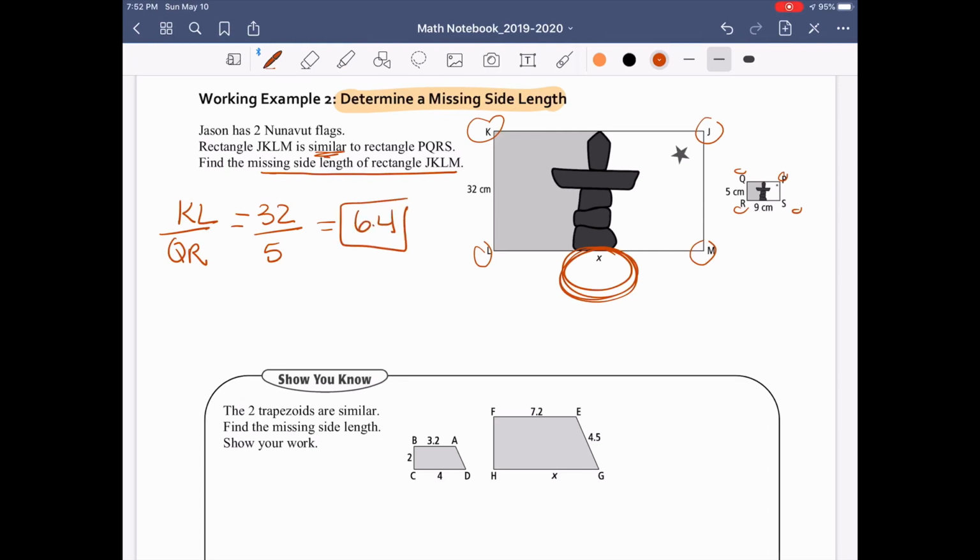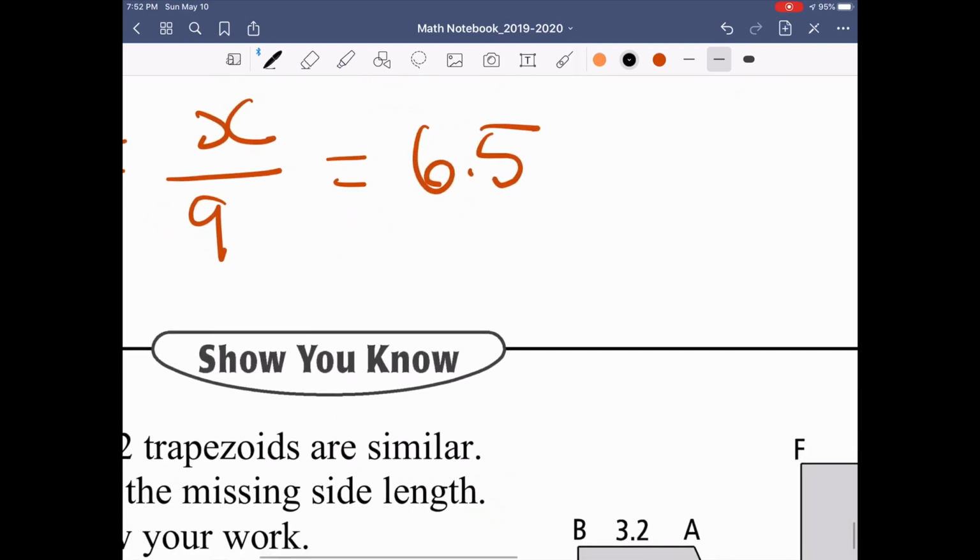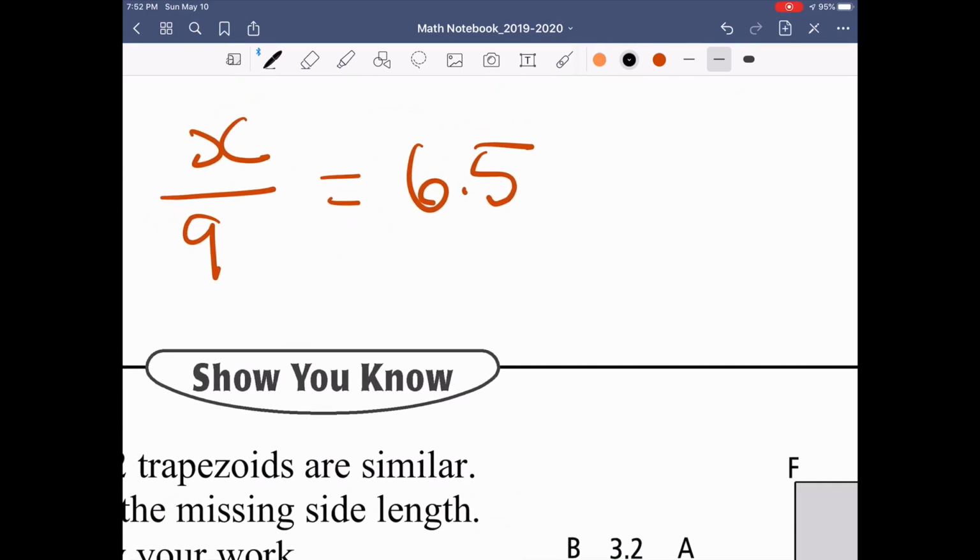Then that means that LM, which is our X, over RS, which is X over 9, has to also equal 6.4.